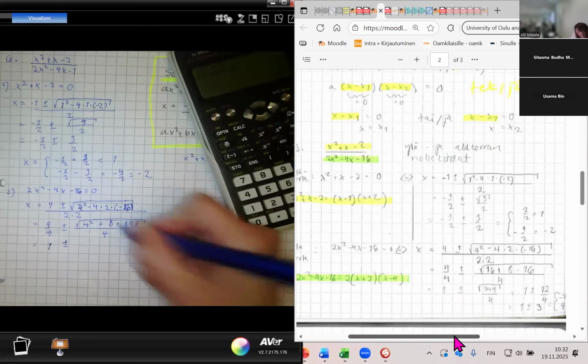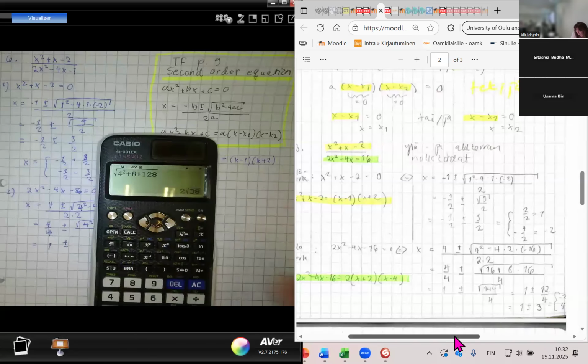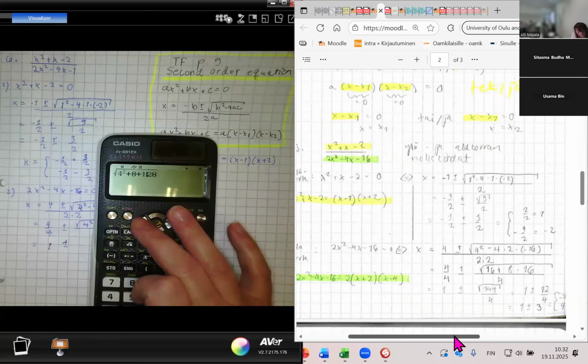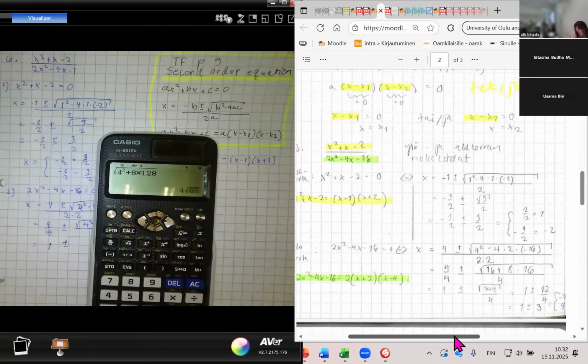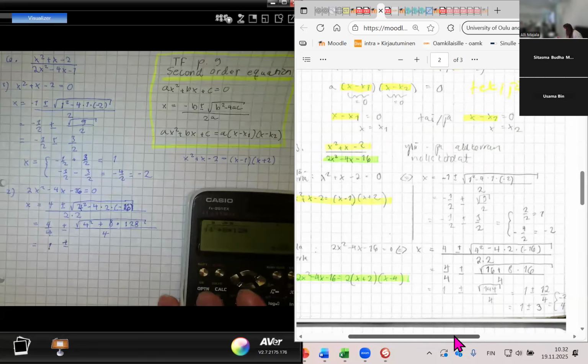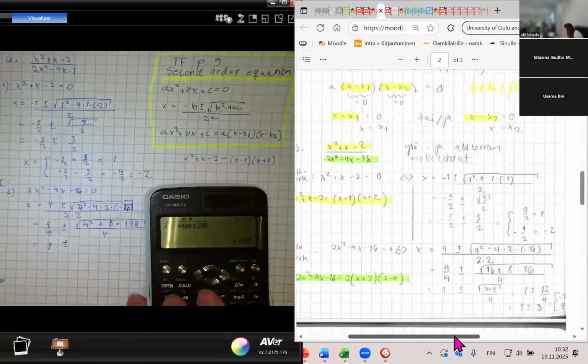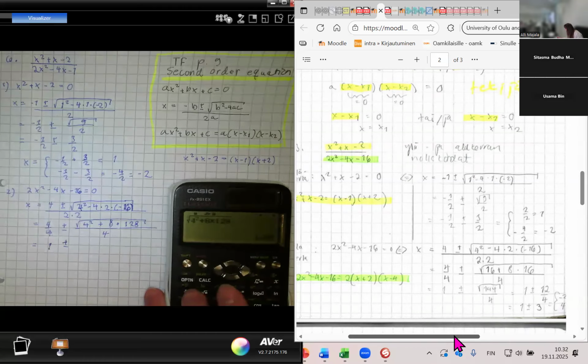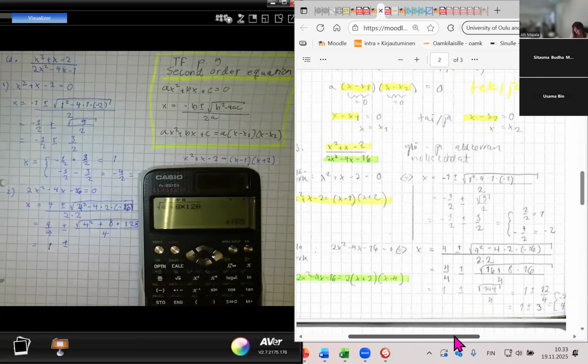Don't ever calculate this by hand. Again. Like that. No? Why don't I get this now? To what I want. Because I have the 128. Okay, let's try once more.